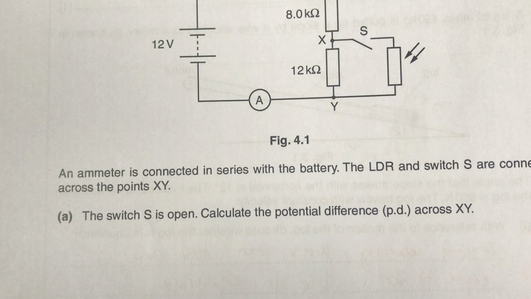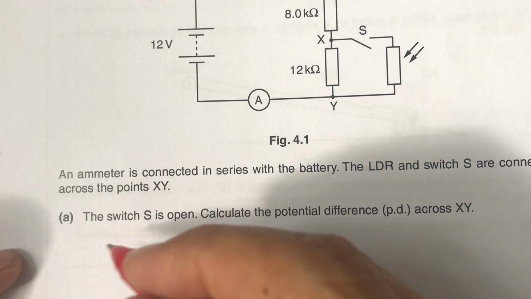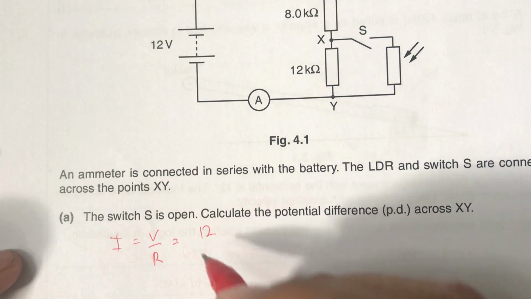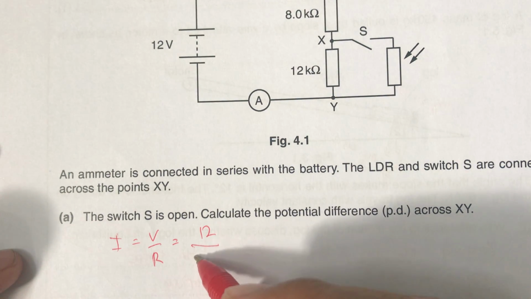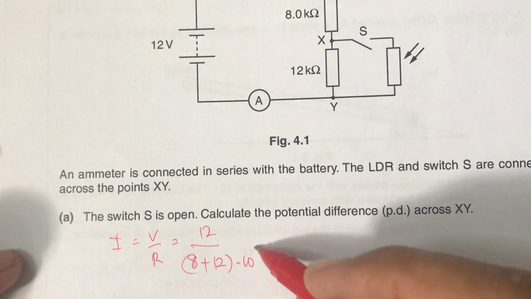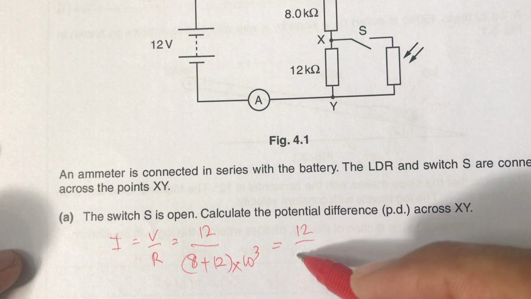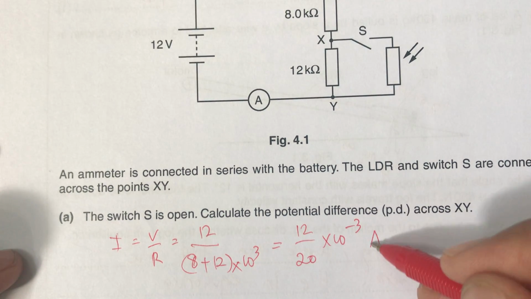So we can use Ohm's law. The current I is V over R. V is 12 volt and R is 8 plus 12 kilo ohm, so I is 12 divided by 20 times 10 to the power minus 3 ampere.